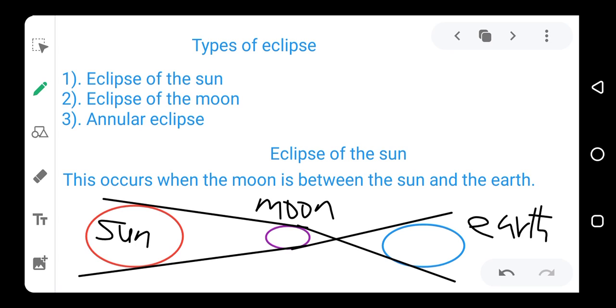The moon lies between the sun and the earth, and therefore the moon will prevent light from the sun from coming to the earth. So it will throw shadow to the earth, and when you observe it from the earth, everywhere will be dark because the moon is preventing light from the sun from getting to the earth. We call this eclipse of the sun.